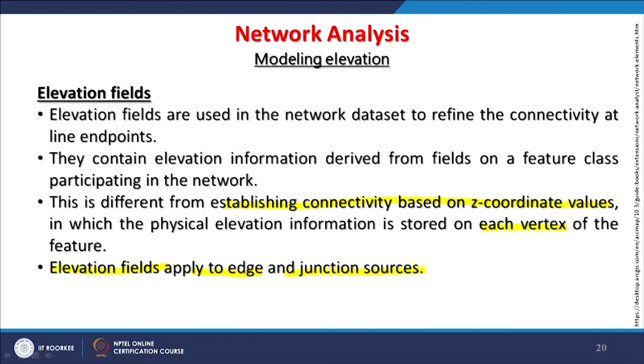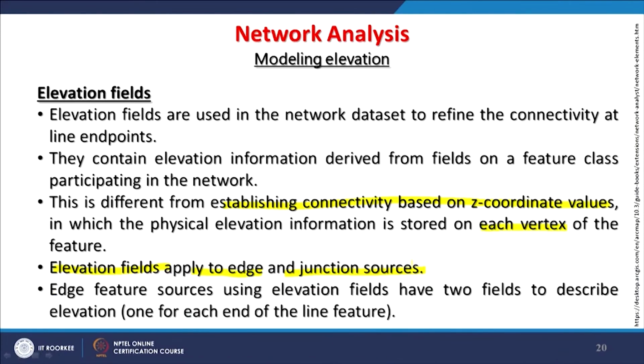Once you have stored it for each vertex, then vertices are part of edges and junctions also. And edge feature sources using elevation fields have two fields to describe elevation, one for each end of line features. Because a polyline may have different elevations.